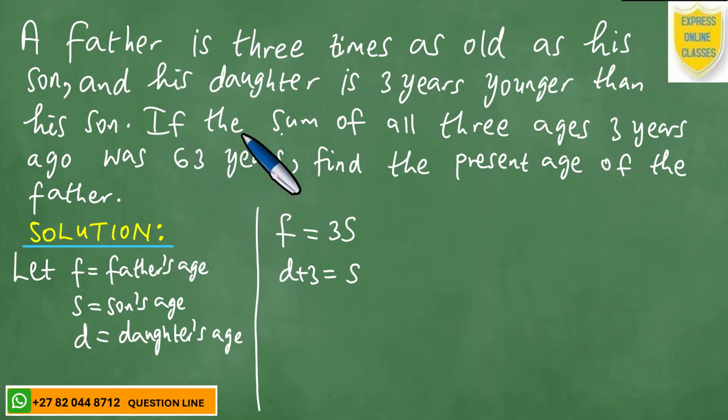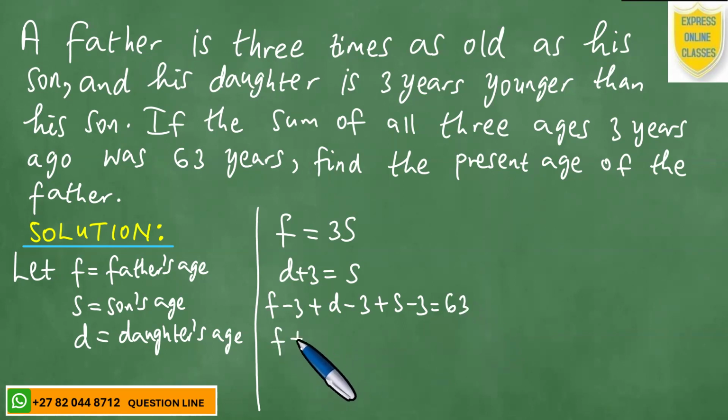Right, and so if the sum of all 3 ages 3 years ago was 63 years, now we're going to find the sum of all the 3 ages exactly 3 years ago. The father's age minus 3, plus the daughter's age minus 3, plus the son's age minus 3, and the sum of all the ages 3 years ago was 63 years.